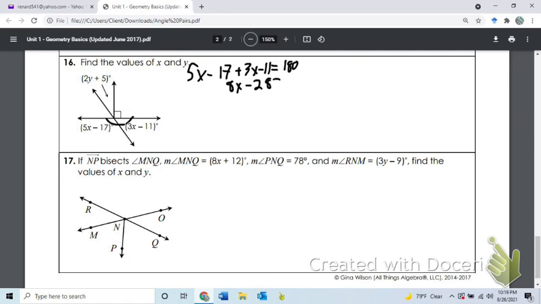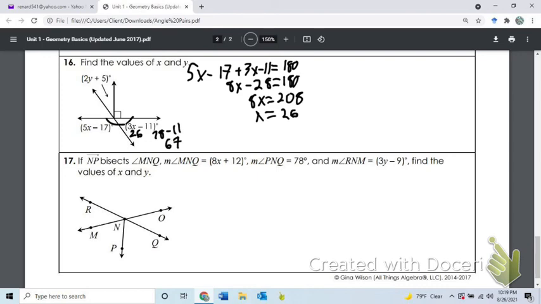Combine like terms, add 28, divide by 8, and we get x equals 26. So then what I want to do is plug that 26 in. 26 times 3 is 78. 78 minus 11 is 67.